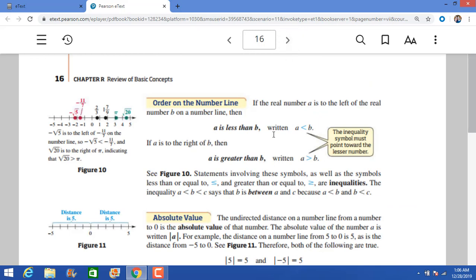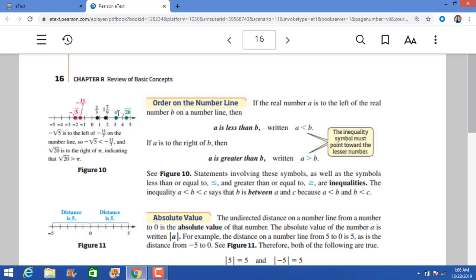Okay, now, on the order of the number line, if the real number a is to the left of the real number b, then what we say is a is less than b. So where your position is on the number line is important. If you are to the left of another number, you are less than that number.